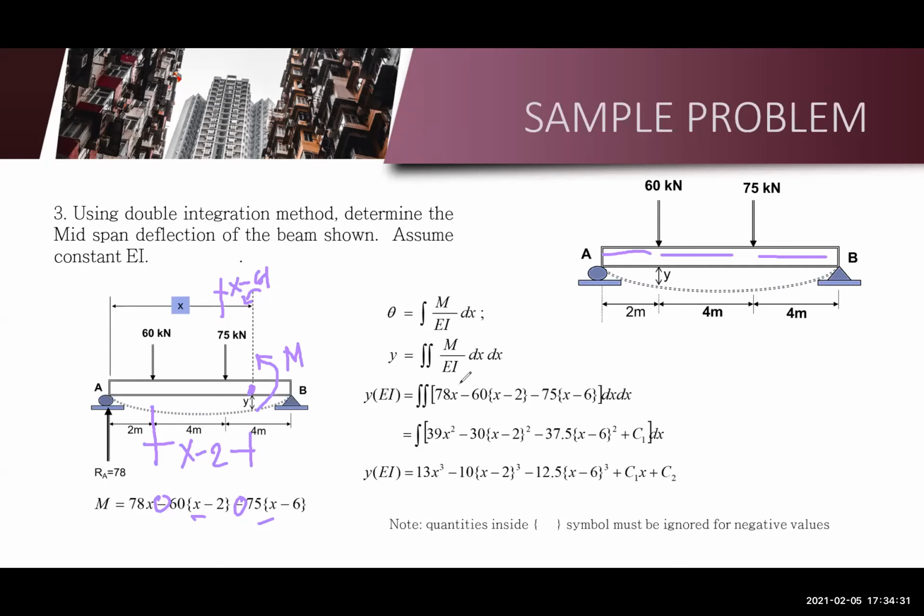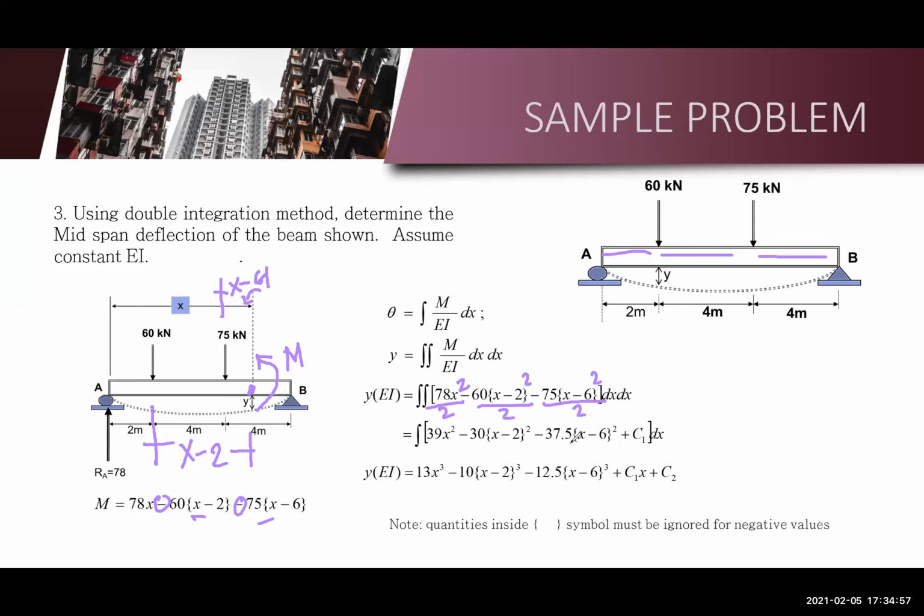Yung pag-integrate natin is per segment nung beam. So, we have 78x naging squared over 2, so naging 39. Ito, 60 times x minus 2 squared over 2, so divided by 2, naging 30. Then, again, x minus 6 raised to 2 over 2.